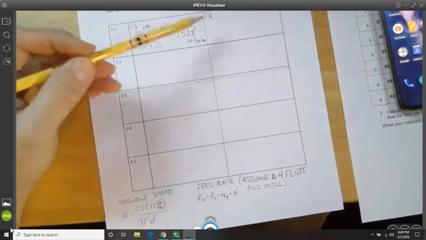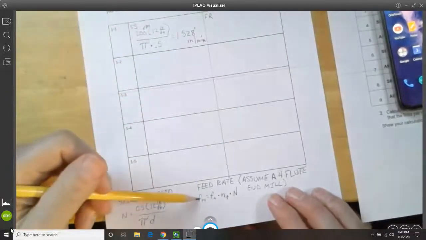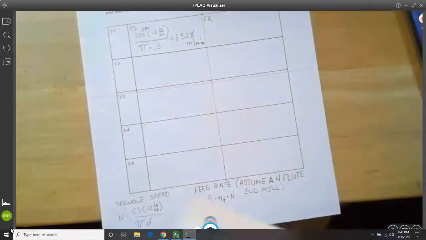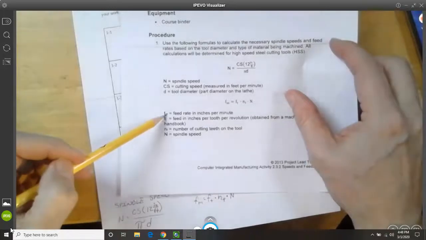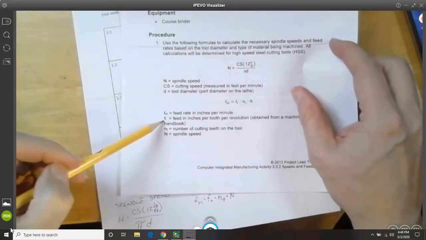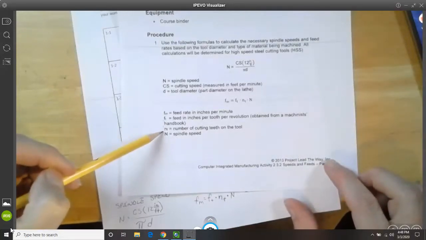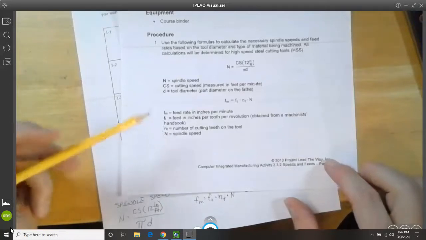Okay, now we're going to calculate the feed rate, and the feed rate formula is right down here. The feed rate is in inches per minute, and that's going to be the feed in inches per tooth from the machinist's handbook. That chart I showed you, we'll use that. We also need to know the number of cutting teeth, and we're just going to use 4 for the number of cutting teeth for all of these, and the spindle speed.